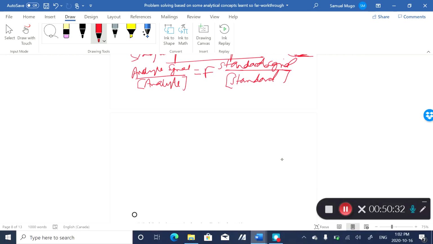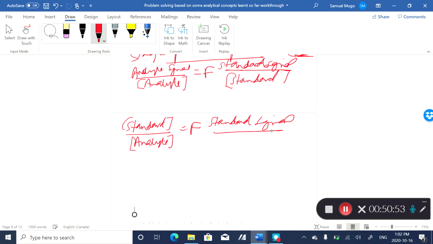Of course, you can move around the relationship to look like this: multiply this side by the standard concentration divided by the analyte concentration, which equals the response factor times the standard signal divided by your analyte signal.